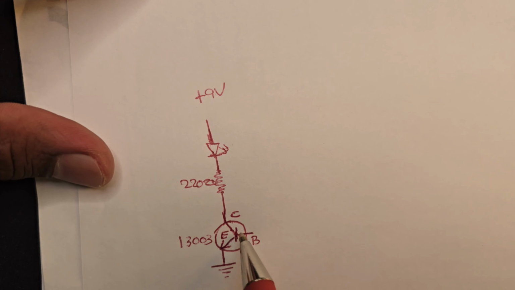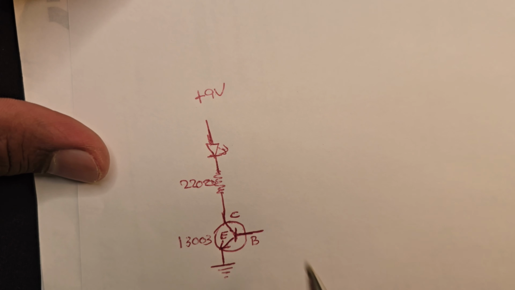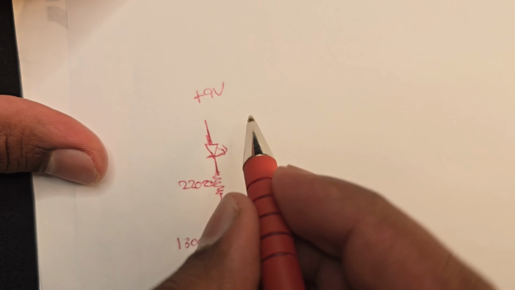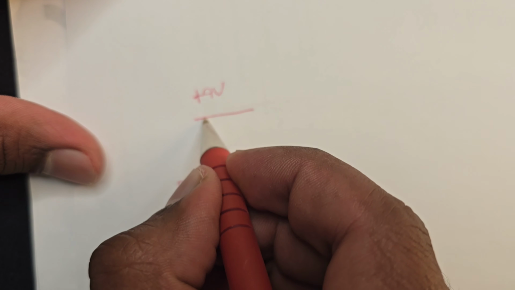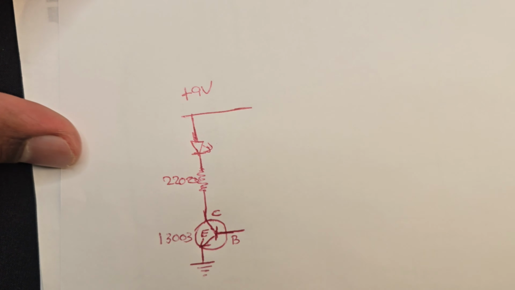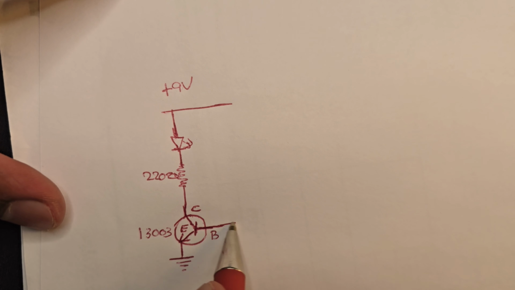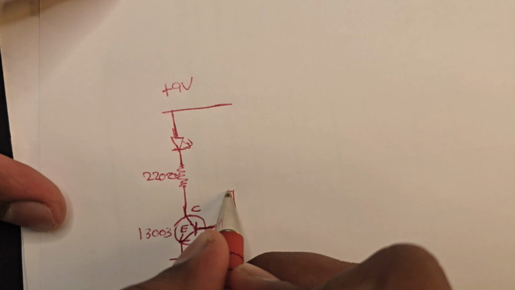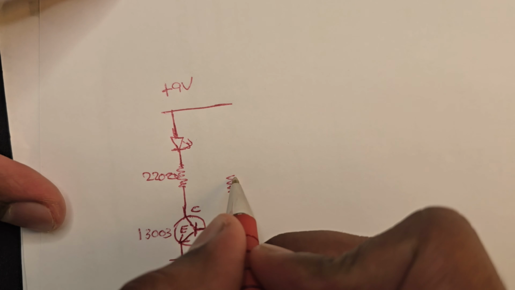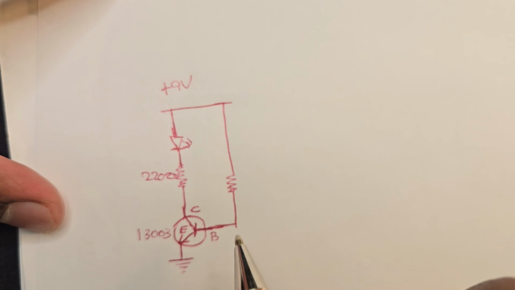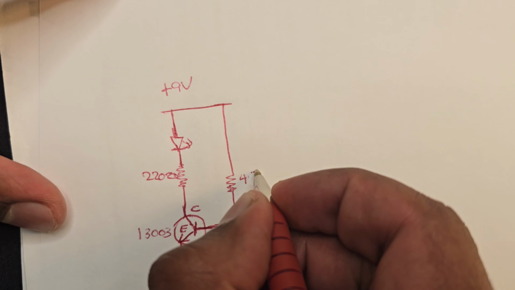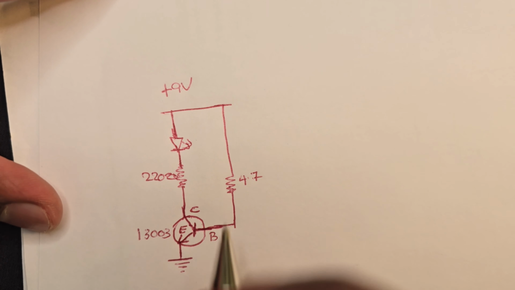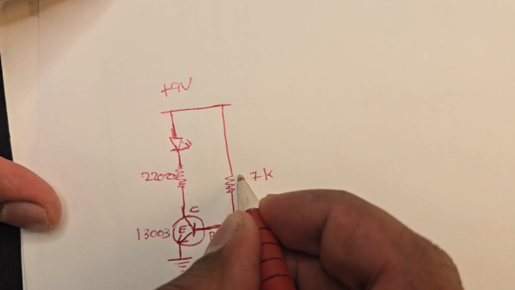Nothing crazy. Then if we want to turn on the LED, we have to connect the base to plus 9 volt using a current limiting resistor. I will be using a 4.7 kilo ohm resistor that I have.